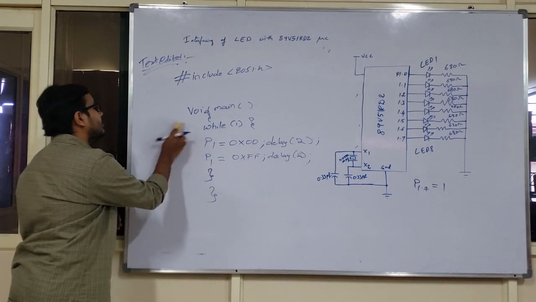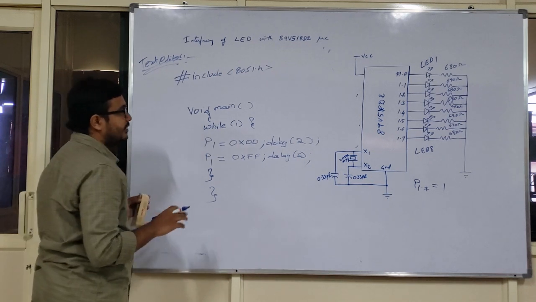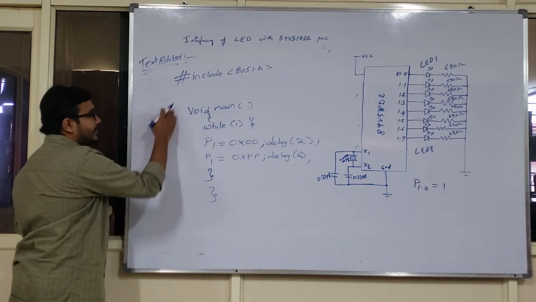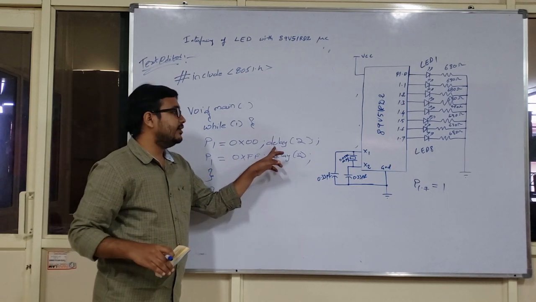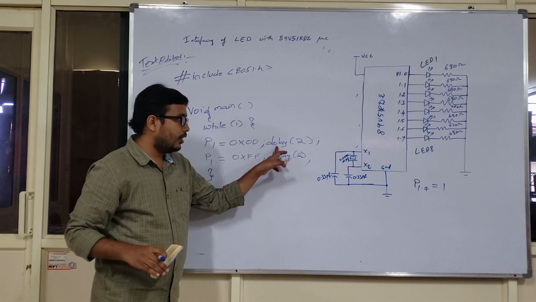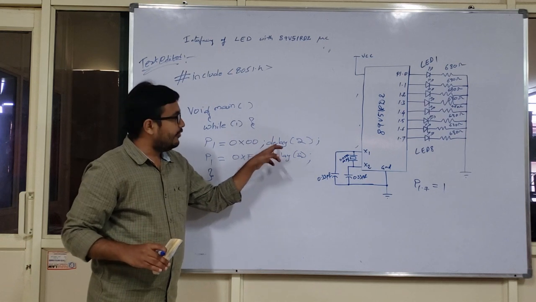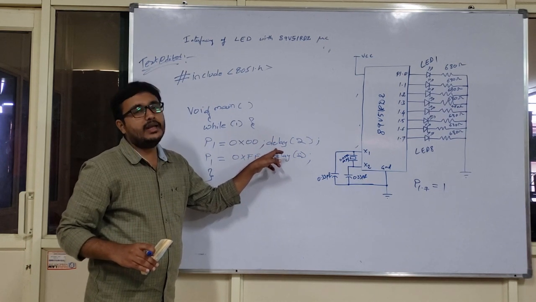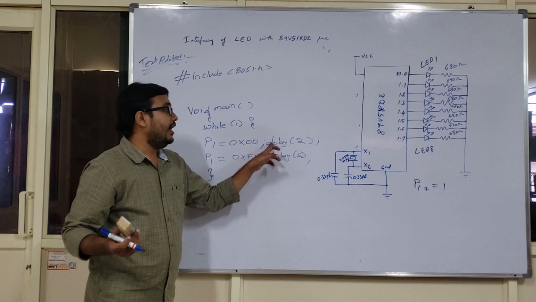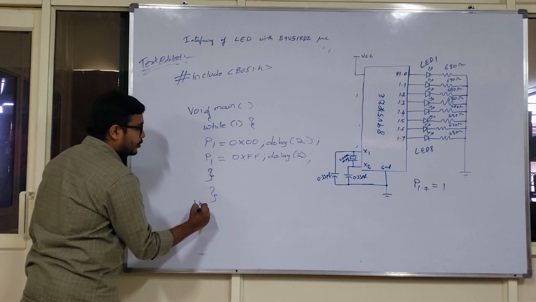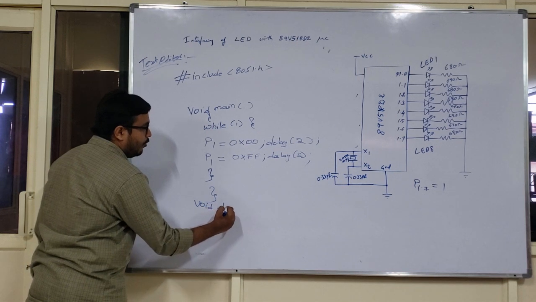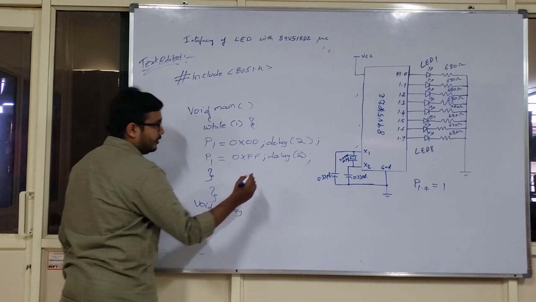So I am writing these entire instructions. I have used a function called delay. If I have used any function calls in the main program, I need to provide a definition for it. Now I am going to provide a definition for void delay.